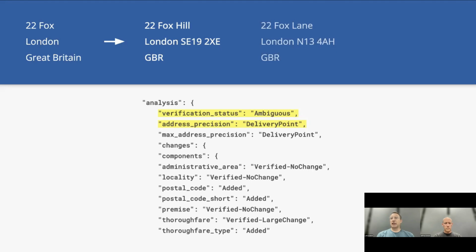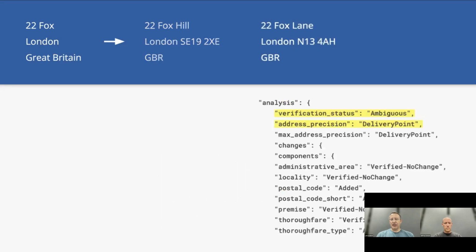It's a real address. Ambiguous just means there was more than one in the output. As I go to the next slide, we're going to look at the output for 22 Fox Lane. This other candidate has its own API output. The verification status is still ambiguous. In this case, the address precision is also delivery point. So these are both perfectly valid addresses; there just happen to be two of them in the response.